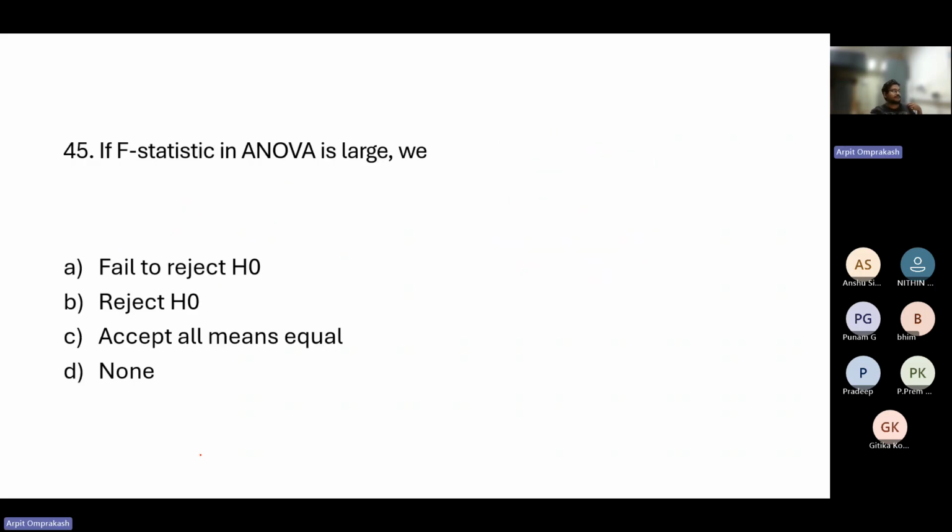Next question is, if F statistic in ANOVA is large, A, fail to reject H naught, B, reject H naught, C, accept that all means are equal, or D, none of the above. What do you think is the answer here?